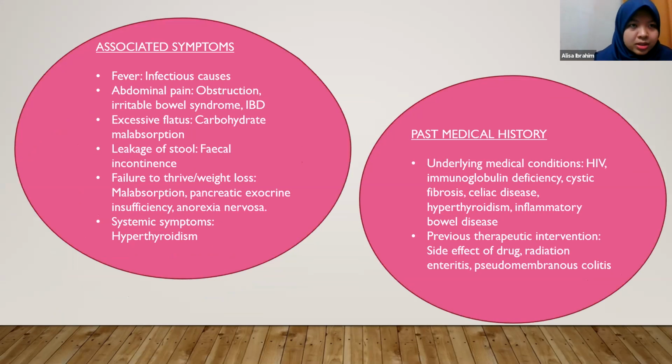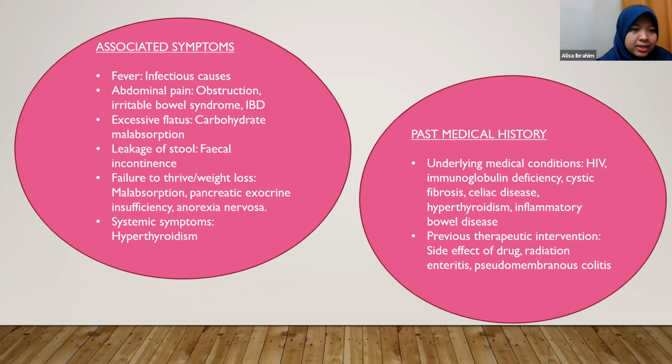We also need to ask more about the associated symptoms. If the diarrhea is associated with fever, it usually occurs due to infection. If the patient complains of abdominal pain, we can try to rule out obstruction, irritable bowel syndrome, or inflammatory bowel disease.